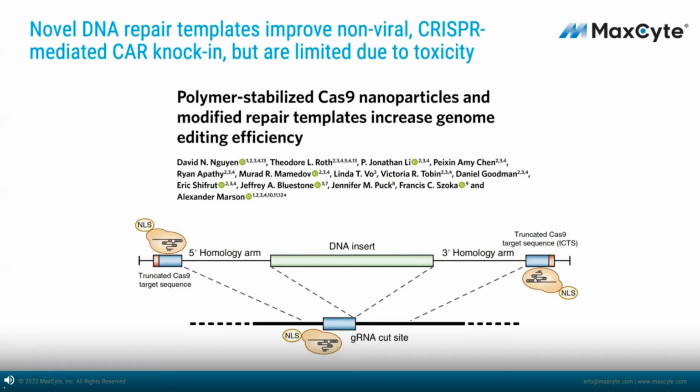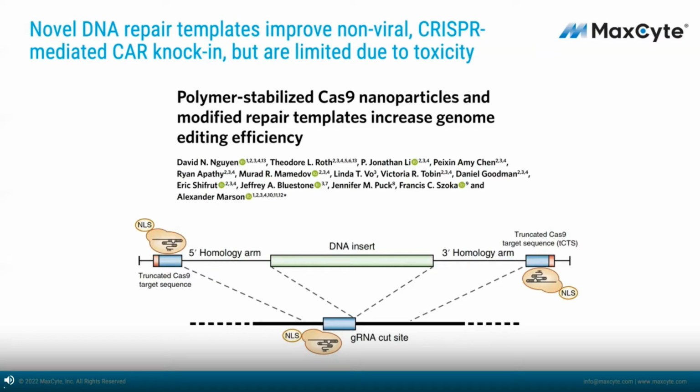What they did is that they used a standard Cas9 guide RNA system, but delivered these modified DNAs, which were double-stranded linear DNAs, which had a DNA insert surrounded by homology arms, similar to what you would see for any standard HDR donor template.